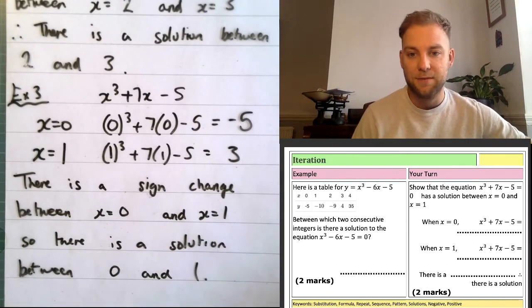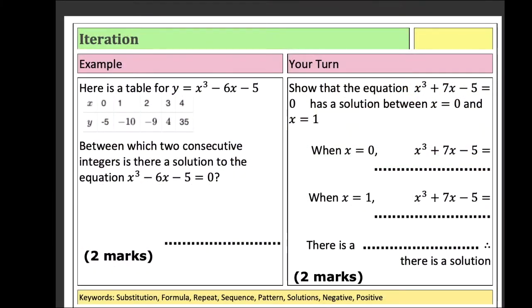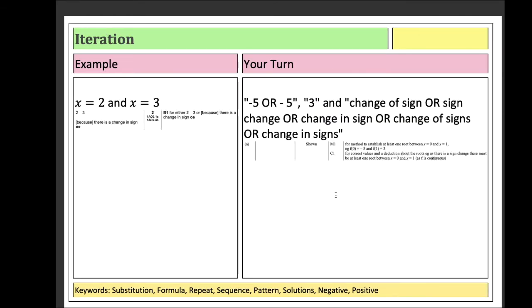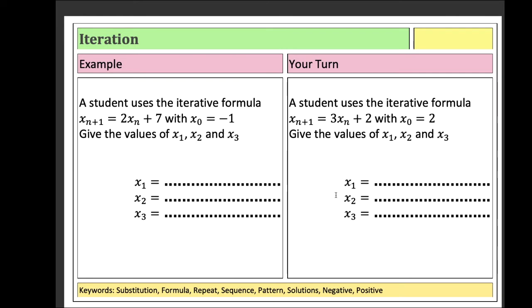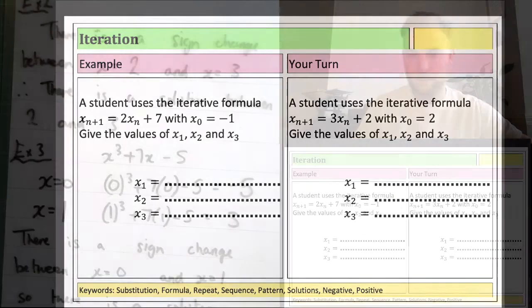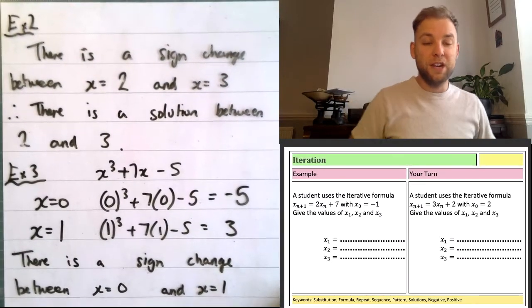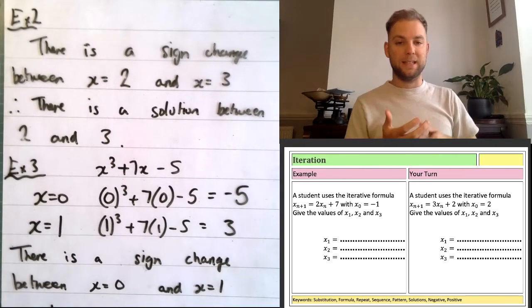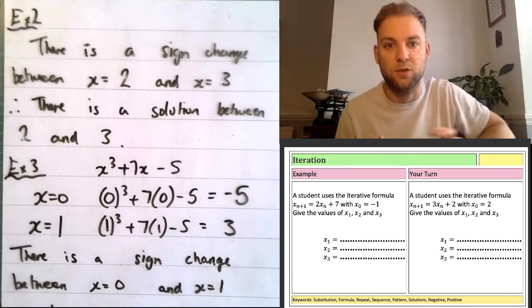Now, let's have a look at the main part of iteration. Now, iteration itself, let's just check those answers actually, sorry. Brilliant, sign change, 2 and 3, super. Cool. So, let's just cut back. Now, the word iteration means to repeat and repeat a pattern, also to put something back in, so repeating.